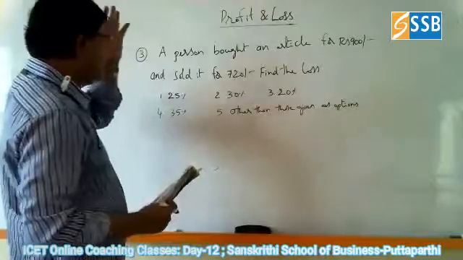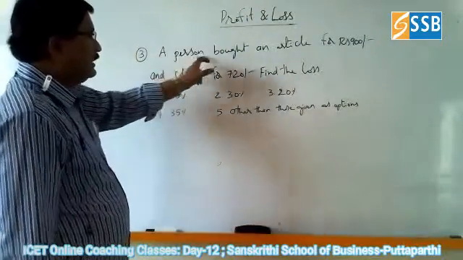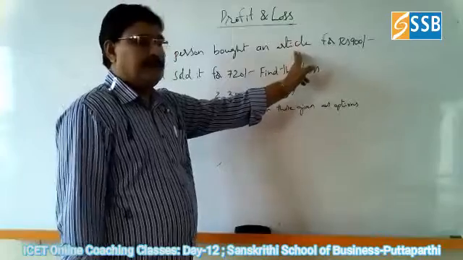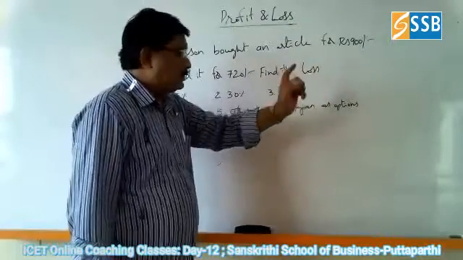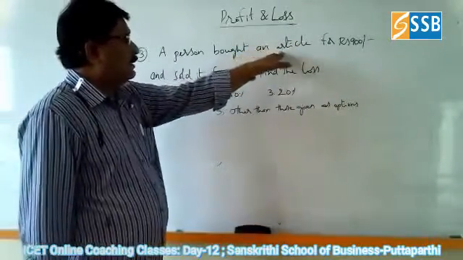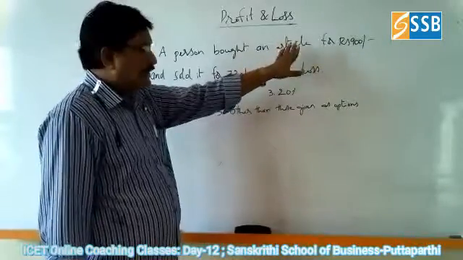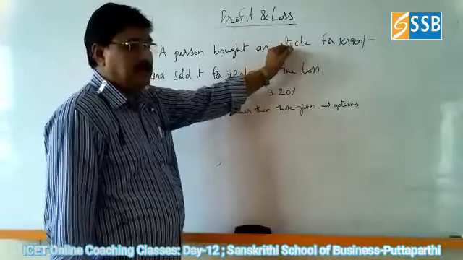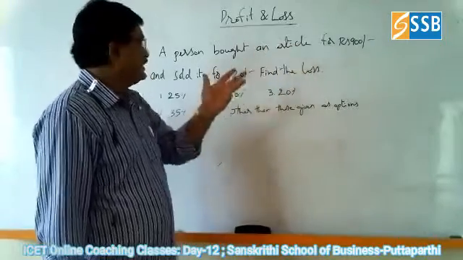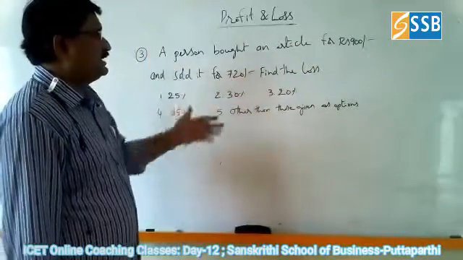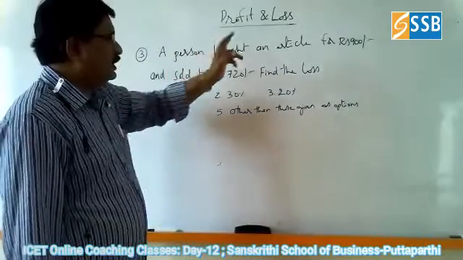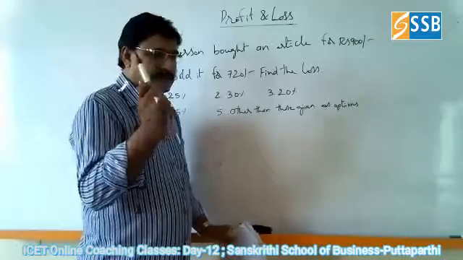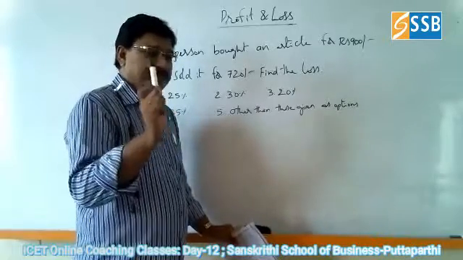Here, a person bought an article, a good, thing, commodity, same meaning. So we need not worry. One question may say article, one question may say good, one question may say commodity, one question may say product. They can say anything. These are the synonyms of a particular thing.